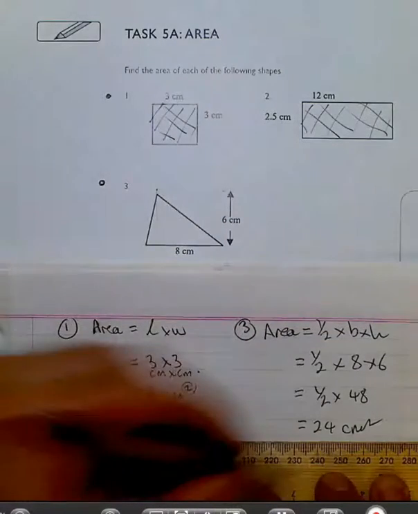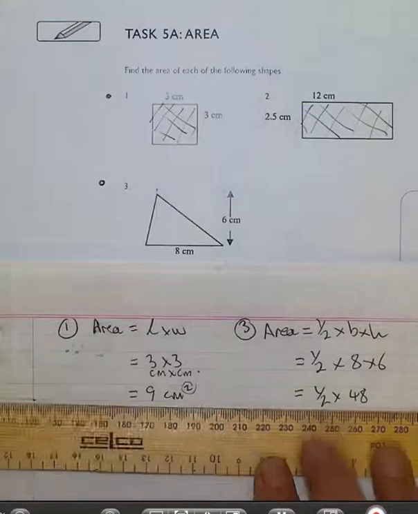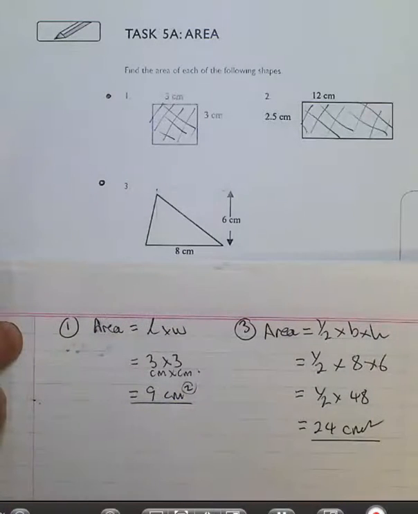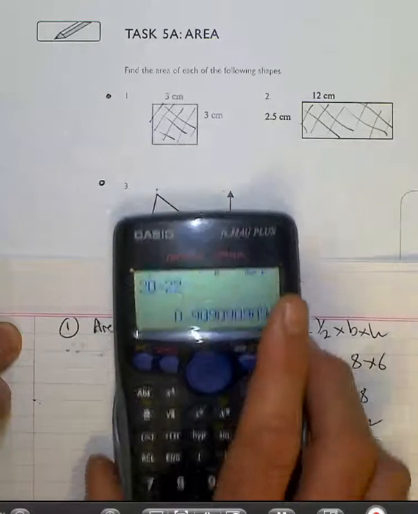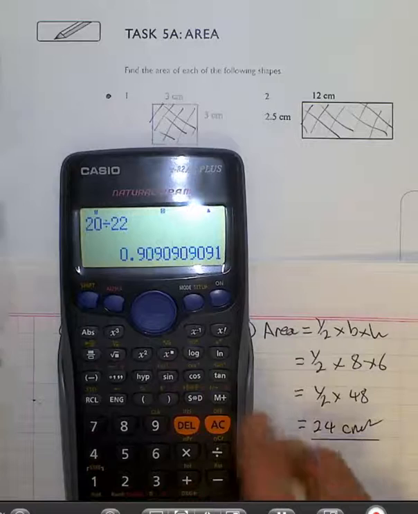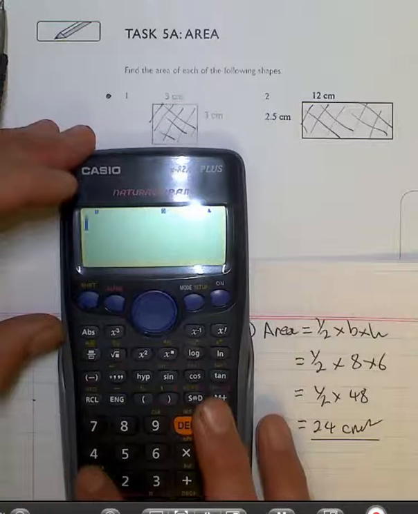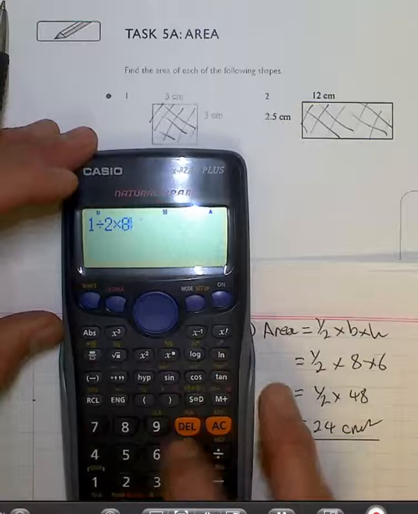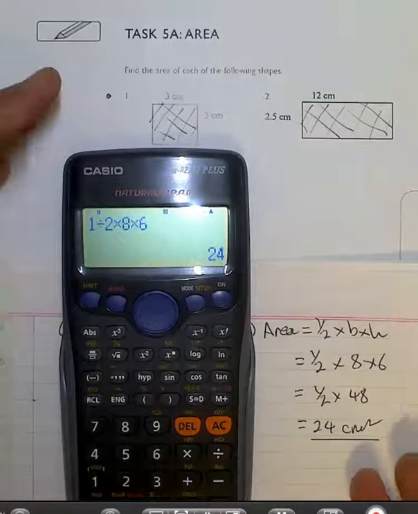Now if you're a little bit uncertain about how to do that with pen and paper, that's why we've got a pretty good calculator for you to use in this course. So going through on the Casio, that triangle problem, that would be a half. Now a half is 1 divided by 2, a half times 8 by 6, 24.